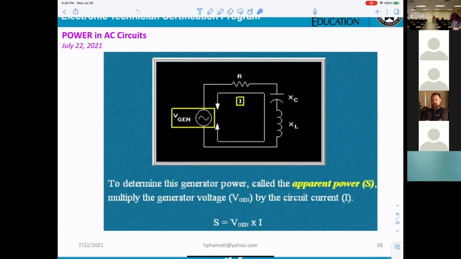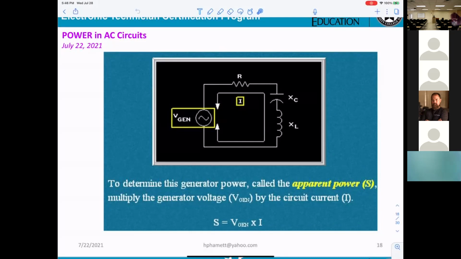When you have a circuit with either IC or IL, you get power, but that will be reactive power. Now, if they are combined in the circuit with R, IC, or IL, then that power from the generator, they call apparent power. And it will be V generator times the current I.